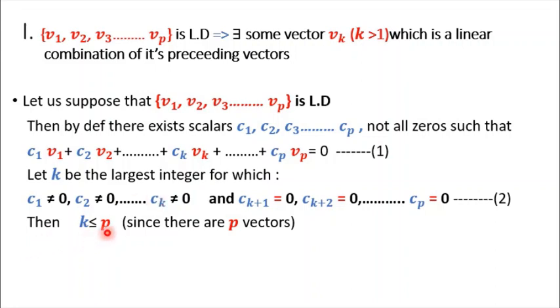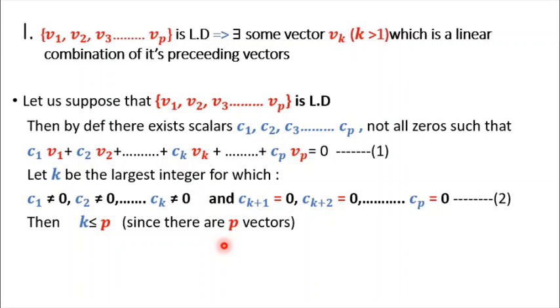Then k must be less than or equal to p. Why? How many vectors are there? P vectors. How many scalars will we take? P scalars. So the maximum k can go up to cp. That means if you have, suppose, 5 vectors, you will take 5 scalars. Then how many scalars can you have as non-zero at maximum? Up to 5.